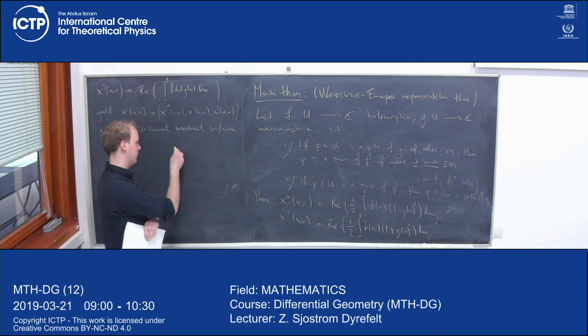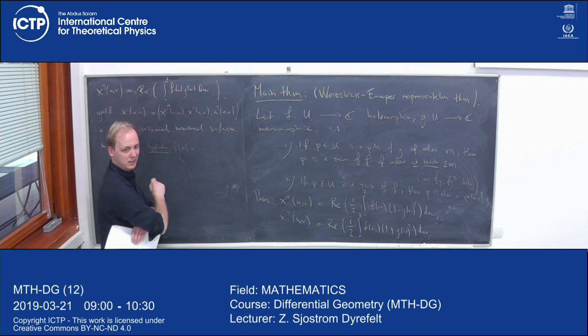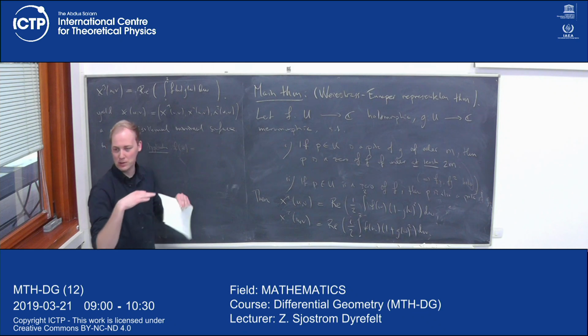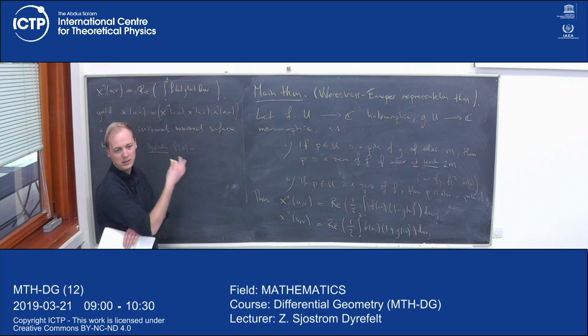So for example, f of z. It should not be always 0, because g needs to be meromorphic, so the poles can only be at isolated points, and we did not want f to have any zeros that were not poles of g.